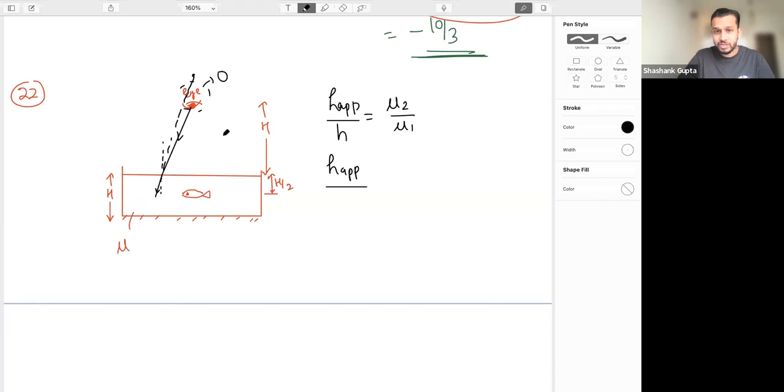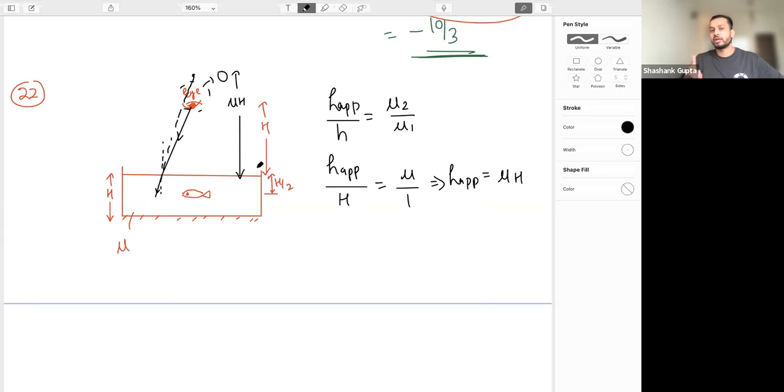In this case, H is the distance of the eye from the interface, which is the original distance of the object from the interface. For us the object is the eye. This is equal to mu2, the medium in which the ray is going. Finally the ray is going from air to water, so mu2 is mu and mu1 is 1. So it will come out to be mu into H, and you can see it from the diagram that this is mu into H. Till here, is it clear?